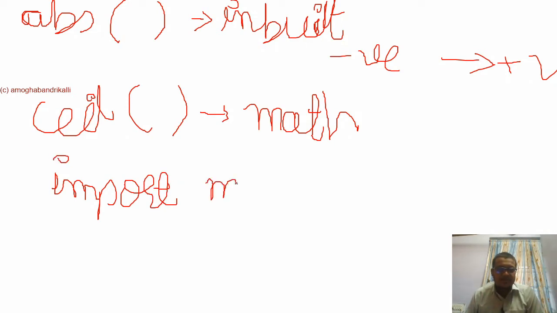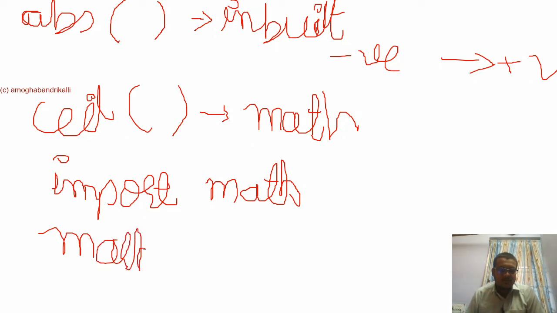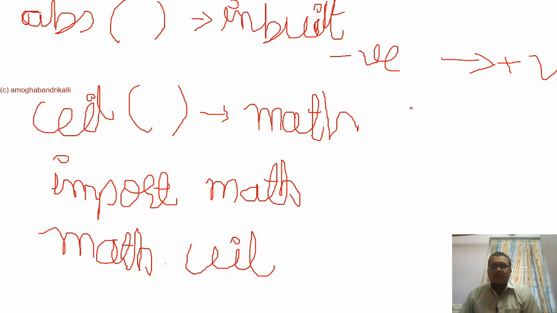Import math in your program and use math.ceil. So what is the function of it? If a number has any decimal point, irrespective of checking its number of decimals, it is going to round off to the next value.